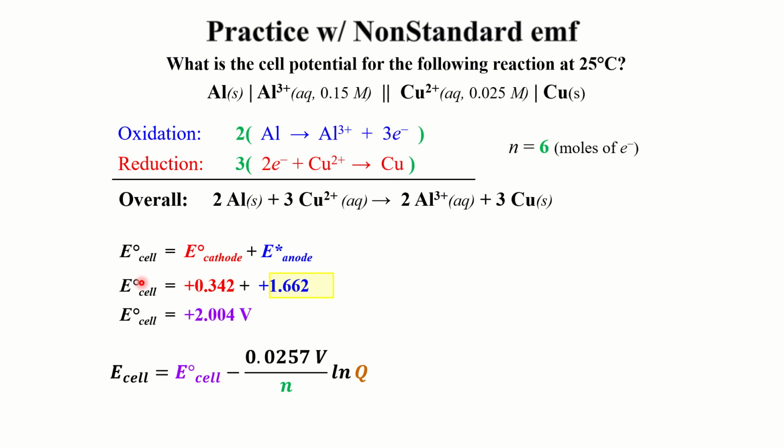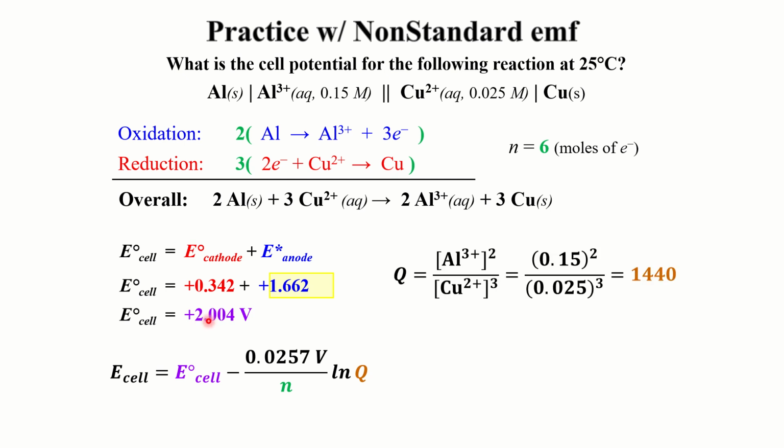We want to calculate E cell, so first we need the standard cell potential. The reduction potential for the cathode is 0.342. The oxidation potential for the anode is 1.662, giving me an E naught cell value of plus 2.004 volts.